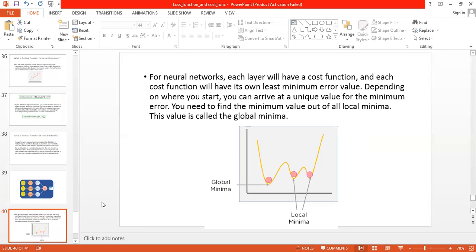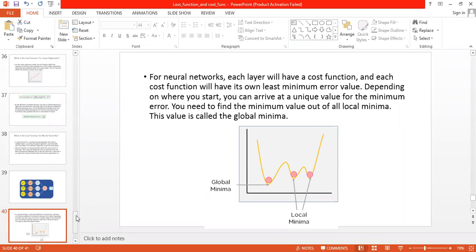In layer 1 we have calculated the gradient descent, we are calculating the gradient descent in layer 2 also, in layer 3 also, and then we will compare all of those values and pick the value which is minimum. That we call the global minima, and that value we will take as the cost function for the whole network. Okay, hope you are able to understand it.